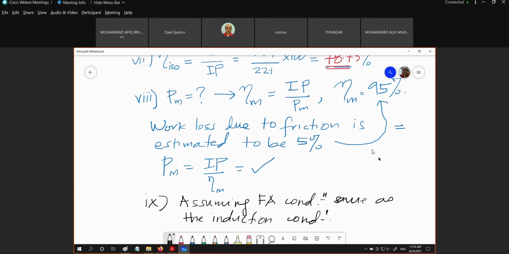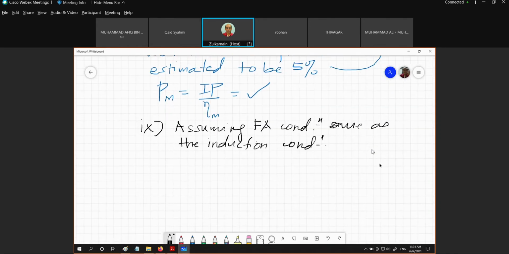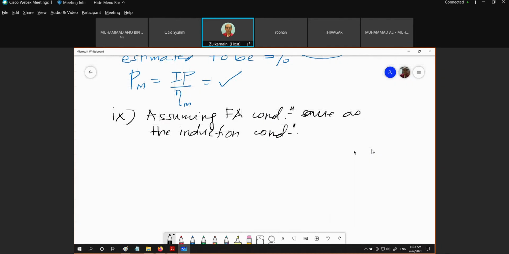What is the meaning of this? Assuming the free air condition is the same as the induction condition. Anyone? What is the meaning of this?